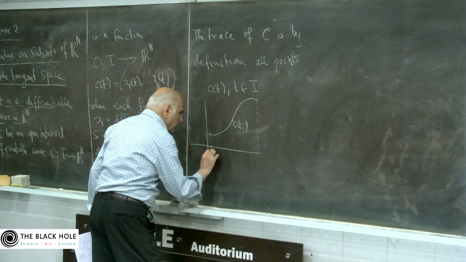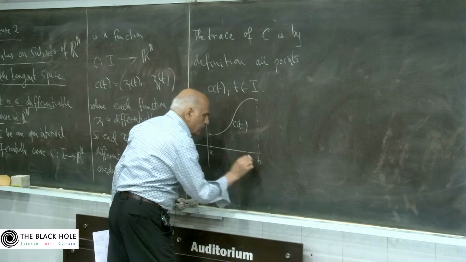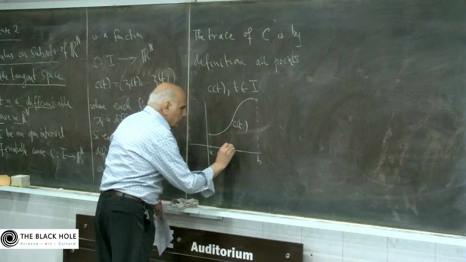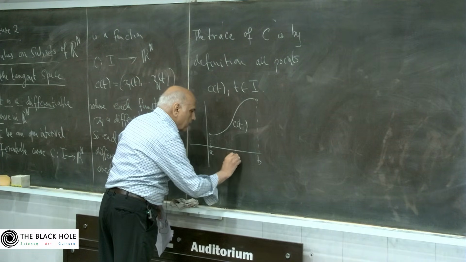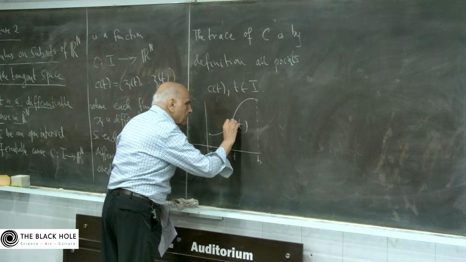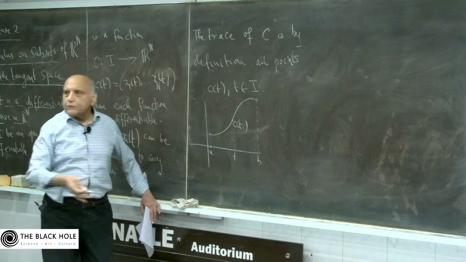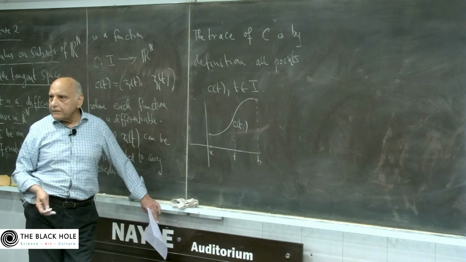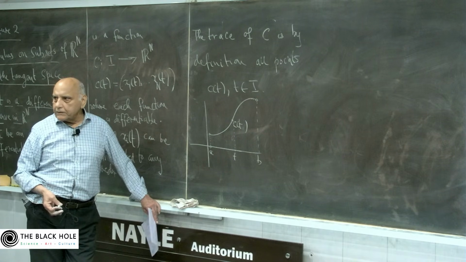This is your interval I from a to b, and for every point t you have a point with two coordinates, in this case x(t) and y(t).